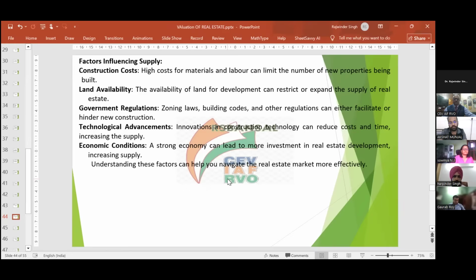And government regulations such as building codes and zoning laws affect the supply of real estate projects. Then technological investment: with the advancement of technology, construction cost can be reduced with new machinery, thereby increasing the supply. And of course, a strong economy can lead to more supply.